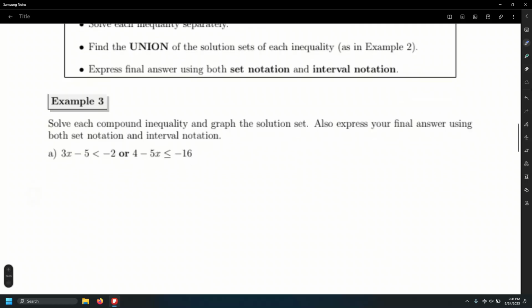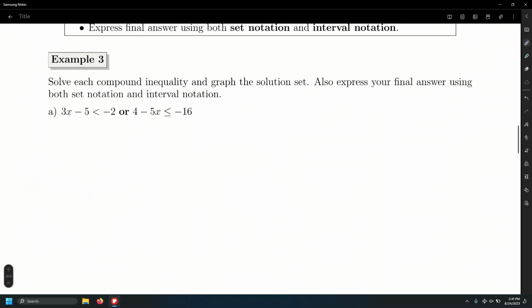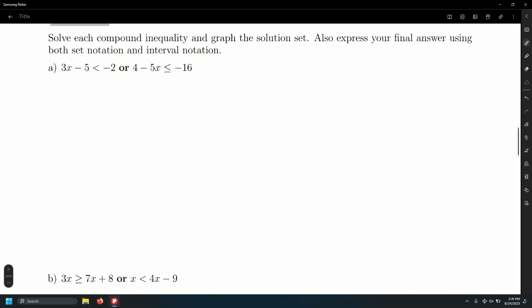All right, so solve each compound inequality and graph the solution set. Also express your final answer using both set builder notation and interval notation. Let me draw a bar just to separate the two inequalities, because we're going to do one process on one inequality and another process on the second inequality.